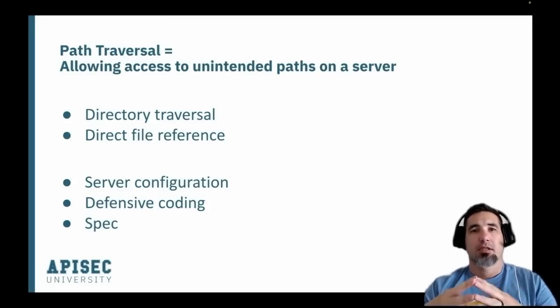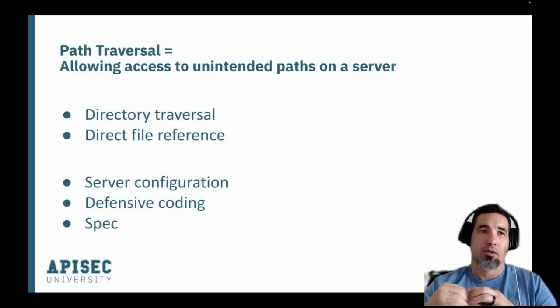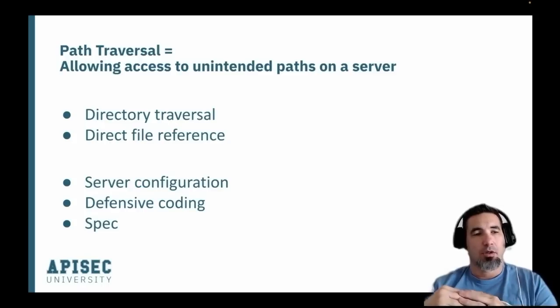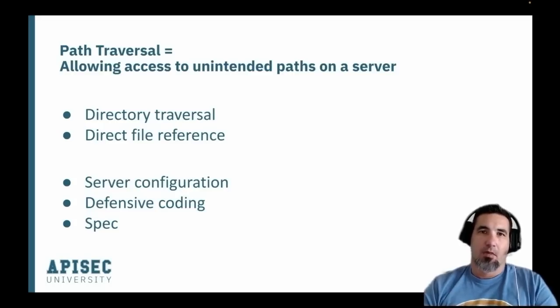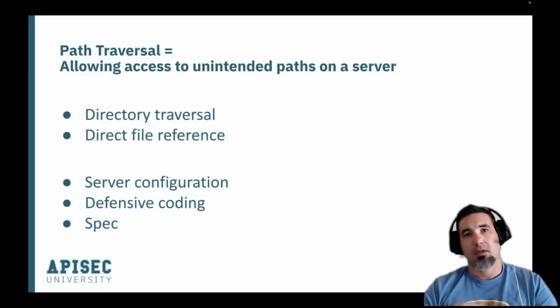This can include things like direct file access, either inside or outside of the web root, or access to things that weren't in the web root at all, but somebody was able to get it through dynamic file includes or something similar. So we'll be going over various ways that can be done, whether it's through missing server configuration or a lack of defensive coding, or even vulnerabilities in your spec.